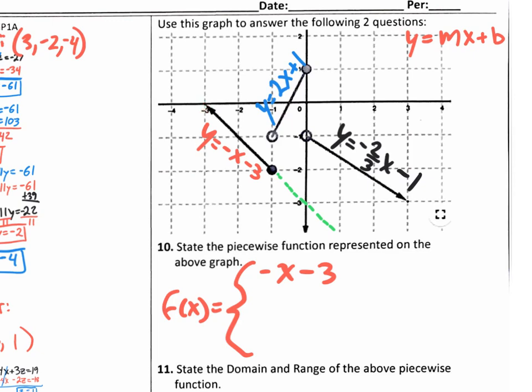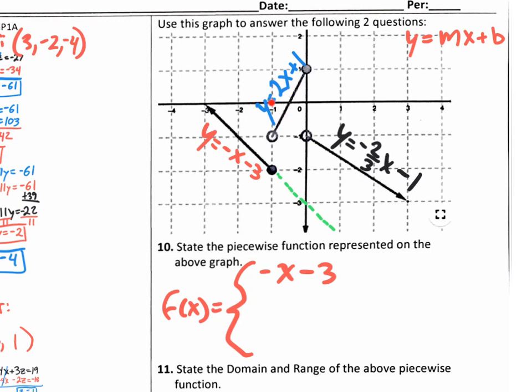Now, we need a condition, though. The y equals -x minus 3 is the entire line that goes on forever. But we know that this line doesn't go forever. It's actually cut right here, and it goes to the left forever. So with regards to our x values, we're at the x value of -1. See that -1 right there? So where is this graph at? Is it over here at x equals 0? No. Is it at 1? No. Is it at -4? Yeah, it would be up here.